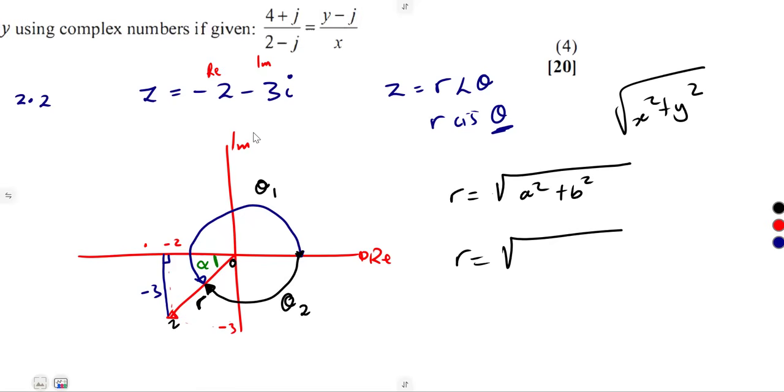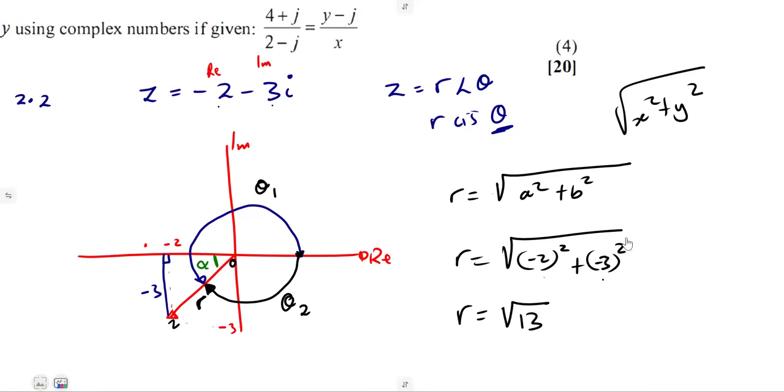So that is the square root of these, -2 squared and what? And -3 squared. From Pythagoras theorem, guys. There's no need even for the formula. Just use your Pythagoras theorem. So that's going to be 4 plus 9, which is what? Which is 13. So we have got square root of 13 units.